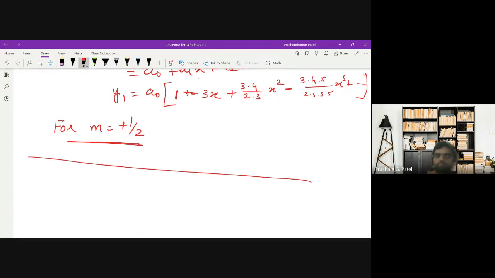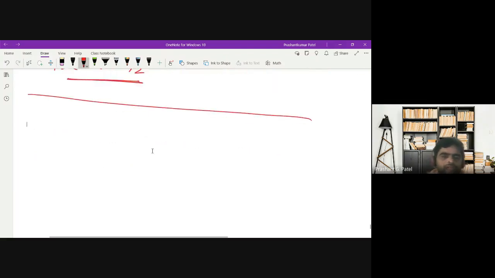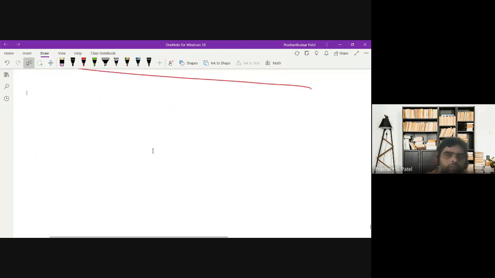If you are not practicing such examples, you will find it difficult and complicated, but it is not. It is very easy to deal with. So my suggestion is that you solve at least 5 examples of such type of series solution on your own, and then whatever example is in front of you, you will be able to solve it.